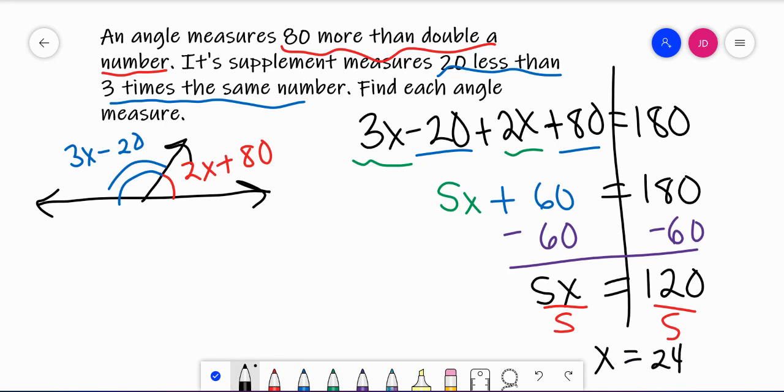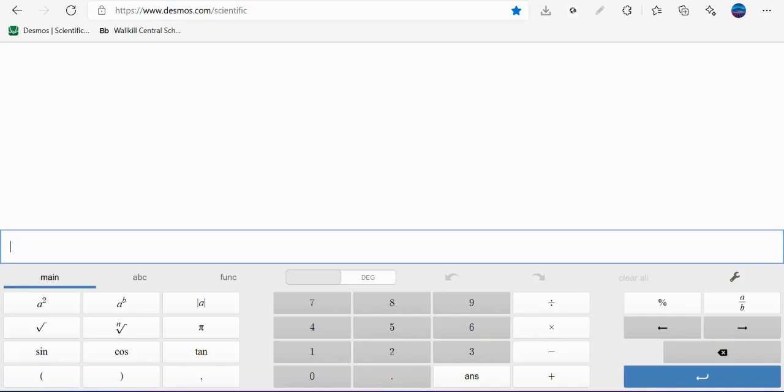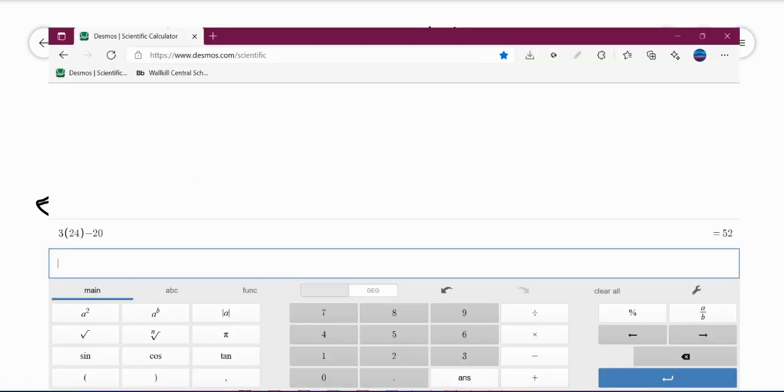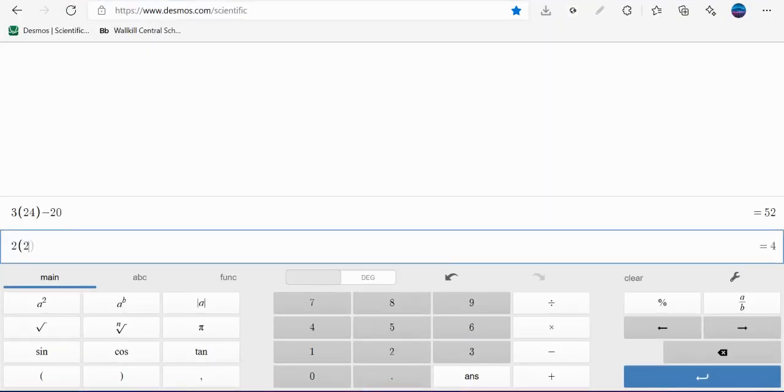All right, now we have to plug it back in. I'm going to use the calculator. 3 times 24 minus 20 is 52. Let's see the other one: 2 times 24 plus 80 is 128.